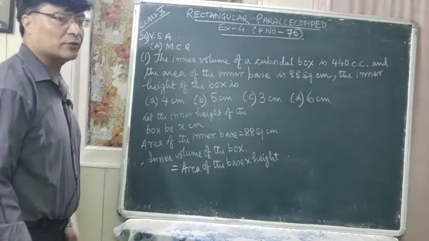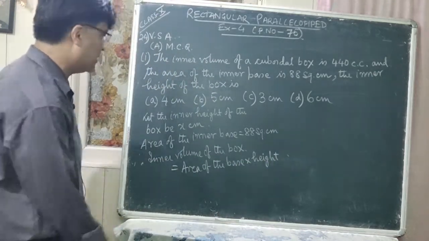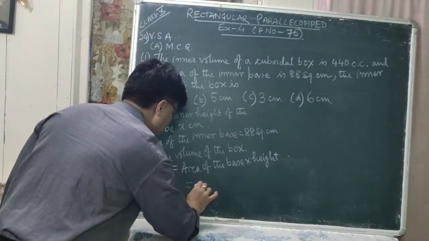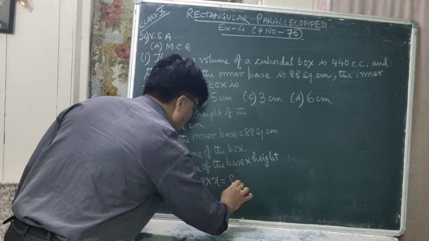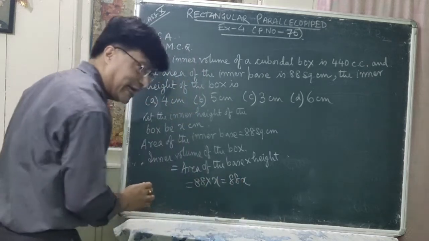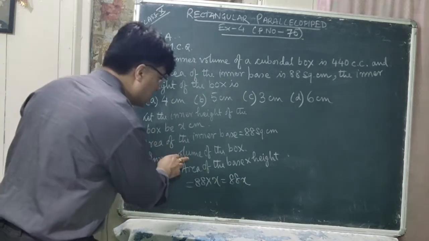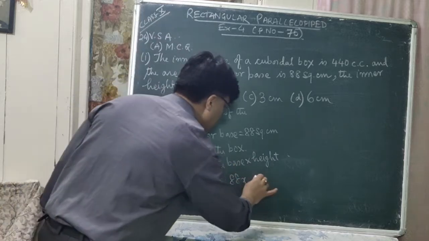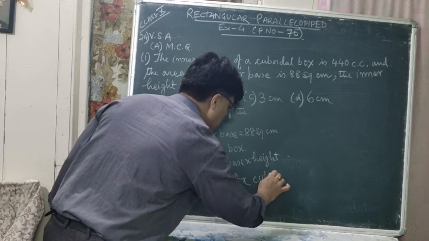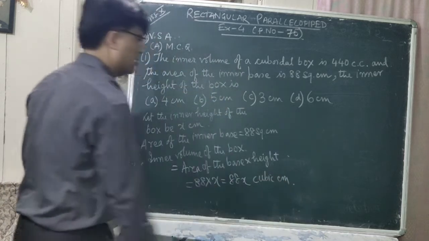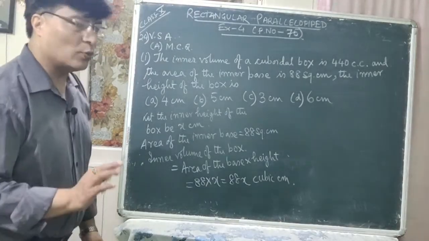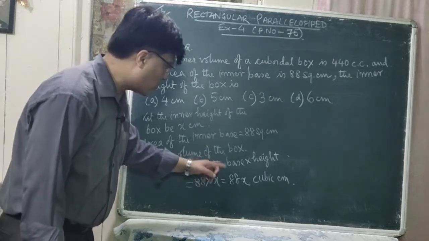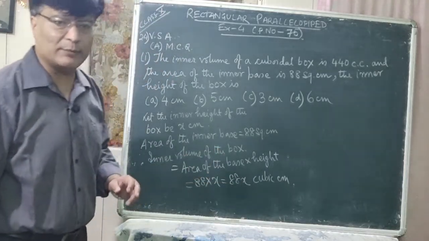Is that clear? So what is the area of the base here? It is 88, into what is the height? It is x, which is equal to 88x. What is the unit? Since this is the volume, it should be cubic centimeter. Is that clear to all of you? So we have got the inner volume of the box as 88x cubic centimeter.